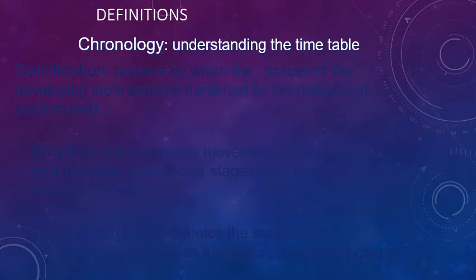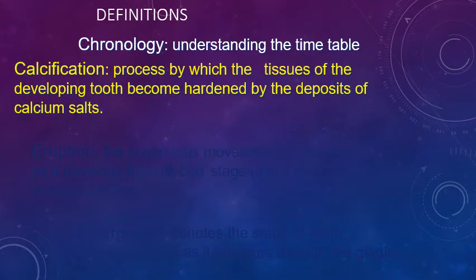The next terminology is calcification. Calcification is a process by which the tissues of the developing teeth become hardened by the deposition of calcium salts. Another term that is used along with calcification is mineralization. Essentially, the difference is that calcification only talks about deposition of calcium salts, whereas mineralization talks about deposition of hydroxyapatite.